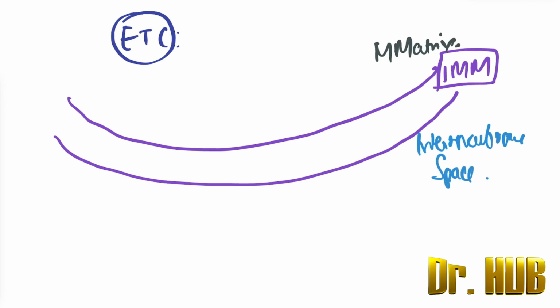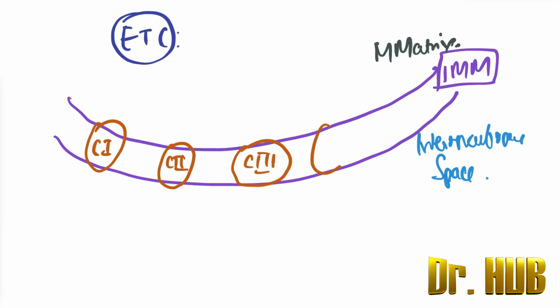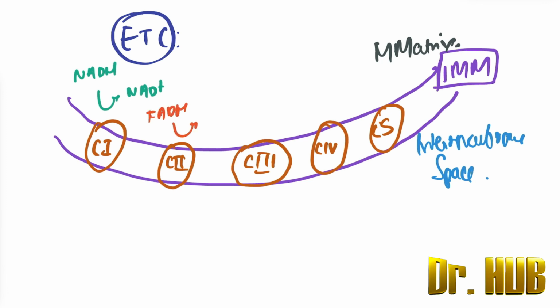Now let's look at it. First there is complex one. Next comes C2, then C3, next C4, and then C5. Breaking down complex 1, there is conversion of NADH to NAD plus, and in complex 2 there is FADH2 to FAD.